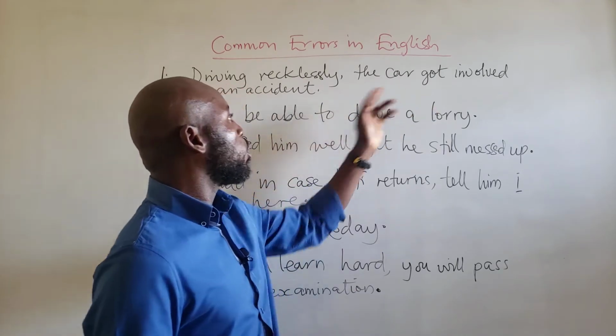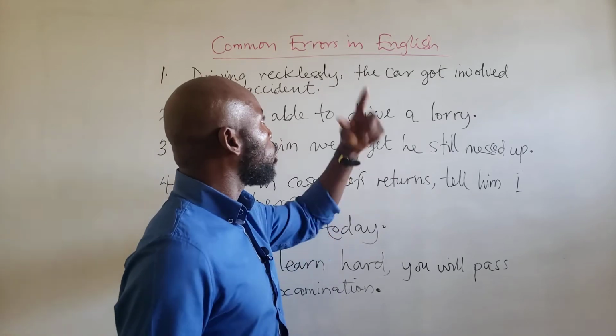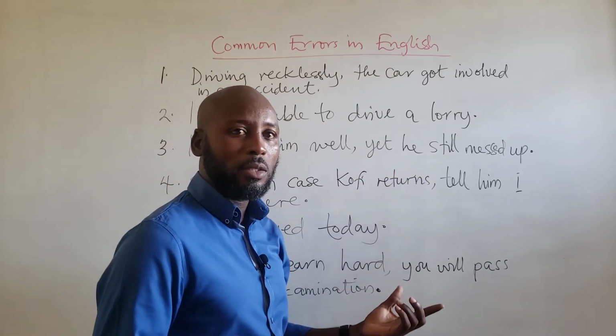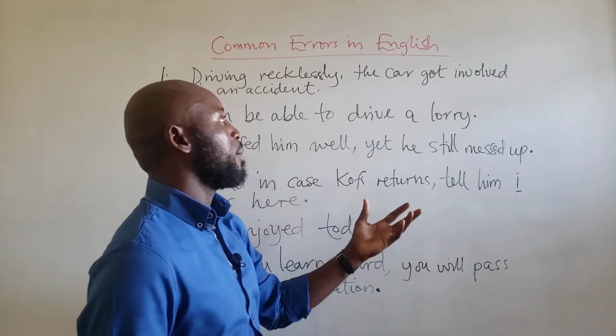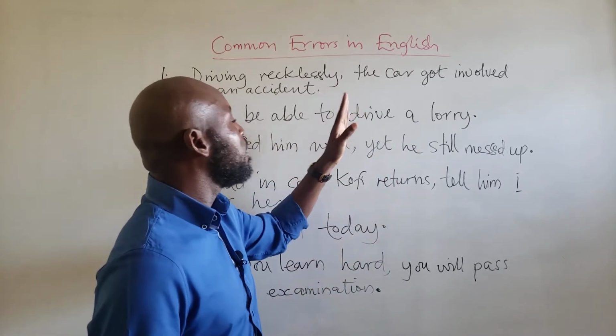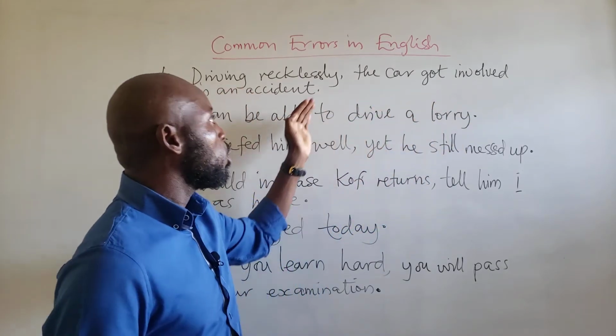To revise the main clause, what you do is that you introduce the subject. Usually the subject is missing, so you introduce the subject and then you begin the main clause with the subject.